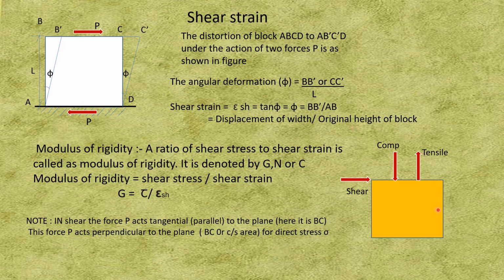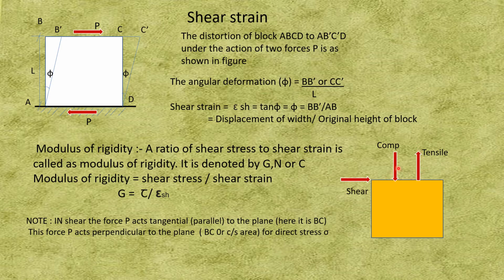Now here, a very important thing to understand is, suppose this is a block, block A, B, C, D. So A here, B here, C and D. On this plane, if the force acts perpendicular to the plane, it is compressive, and compressive stress is developed. If it is a pulling force, then tensile stress is developed, and that we call direct stress.